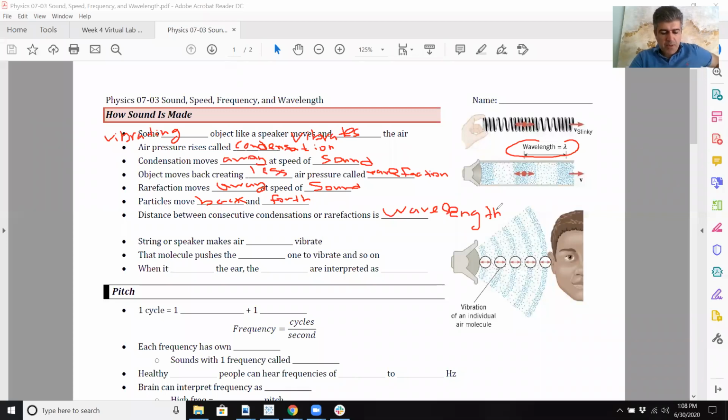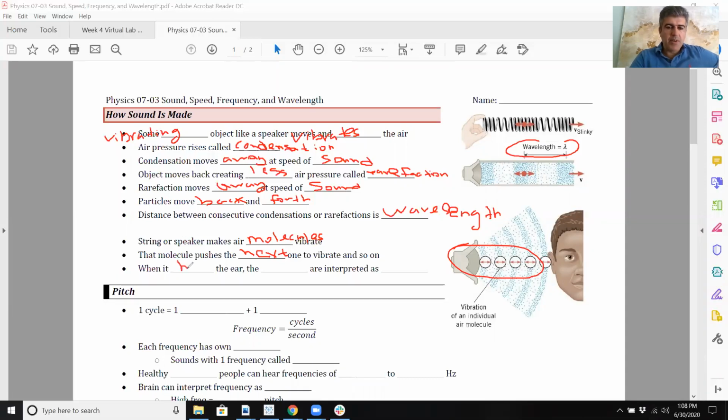A string or speaker makes air molecules vibrate. That molecule pushes the next one to vibrate and so on. So kind of that's what you're seeing over here. One molecule pushes another molecule and they vibrate.